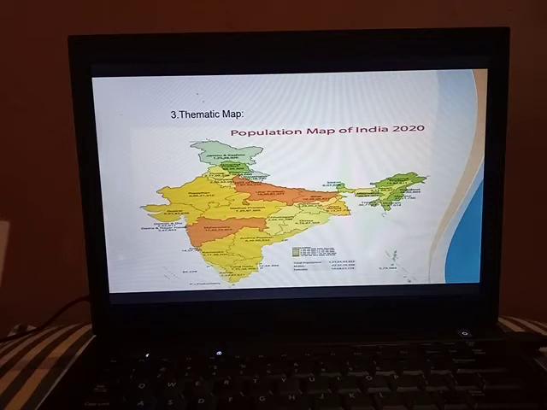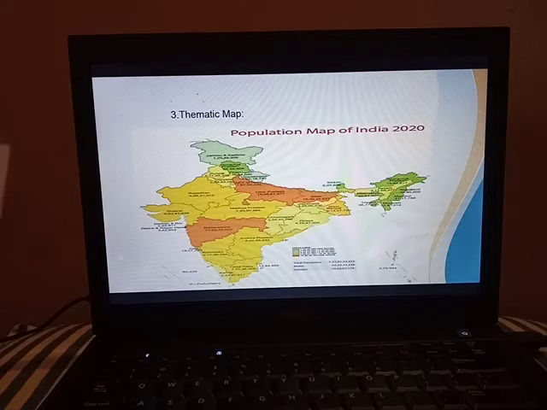Thematic maps each show specific information, like if you want to know about crops and their yield or loss, or the different rivers which we can study in a broader sense.